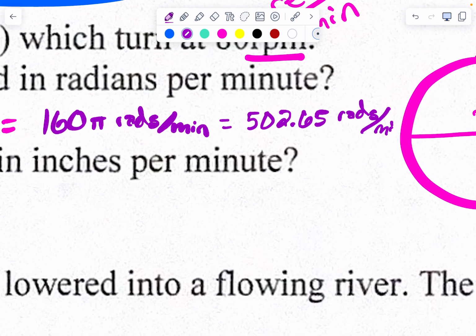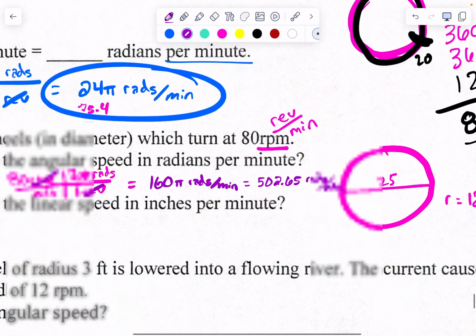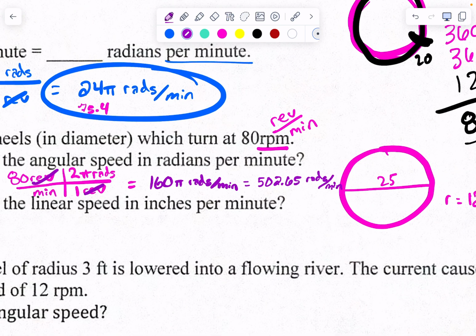When is this test? Tomorrow. Tuesday. Tuesday or Wednesday, one of the two. Probably Tuesday. Why Tuesday?